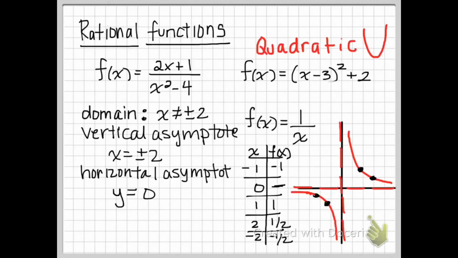Again, the degree of the numerator is 1. The degree of the denominator is 2. So following the rule, there is a horizontal asymptote here. If you look down at the bottom, horizontal asymptote at y equals 0. Now let's look at what we do with this information as far as graphing it.